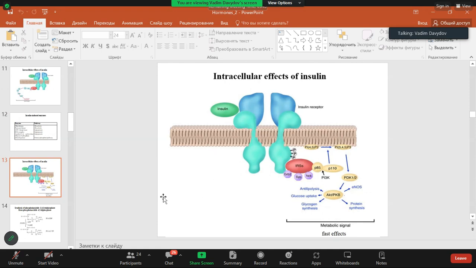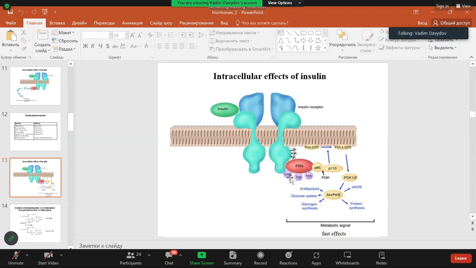Now about the second signal transduction pathway, which takes part in the regulation of the metabolic effects of insulin inside the cell. This signal transduction pathway is coupled with an effect on a special enzyme designated as phosphatidylinositol triphosphate kinase. Let's talk about that signal transduction pathway coupled with insulin.